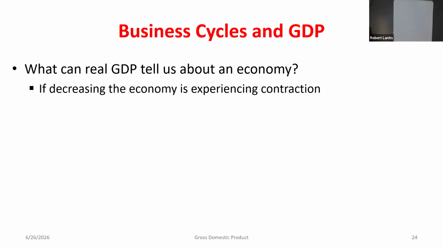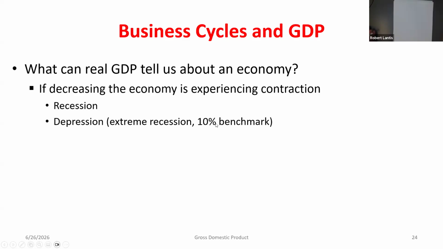So real GDP, if we're using that to calculate growth rates, should reflect that we've seen decreases in output, what we would call contractions or recessions in our economy. These are a bad thing. That means that controlling for prices, we've actually seen output go down. The general rule of thumb is if we had growth rates below negative 10%, we would call this a depression. It's an extreme recession. Okay, so it's like a subcategory.